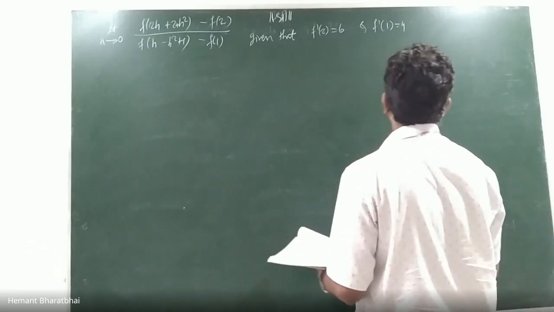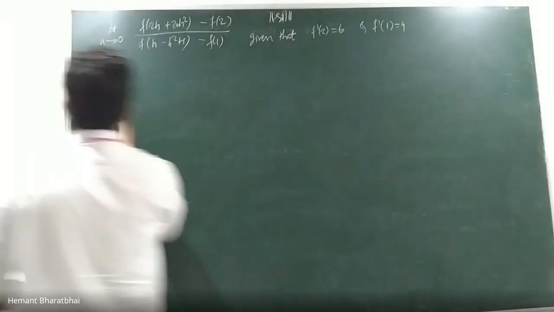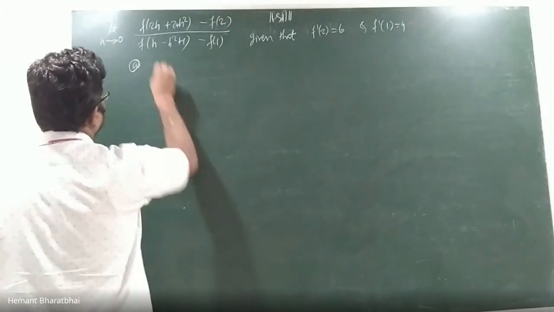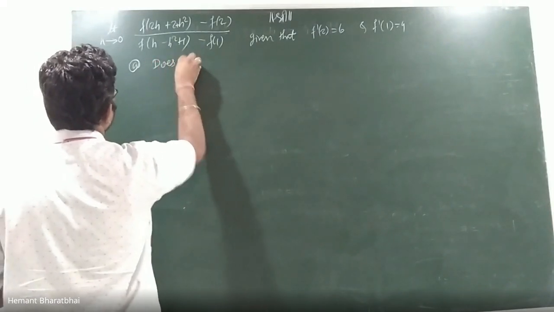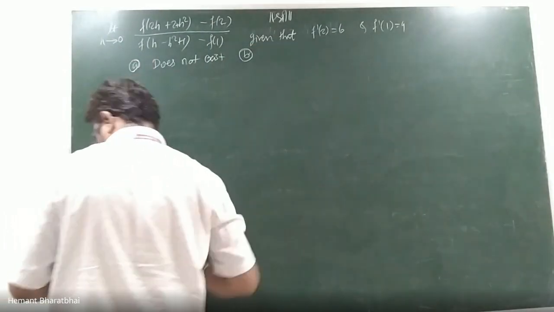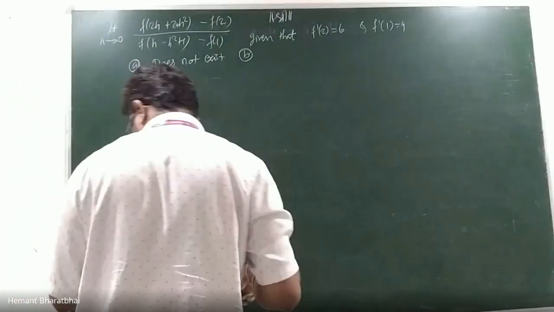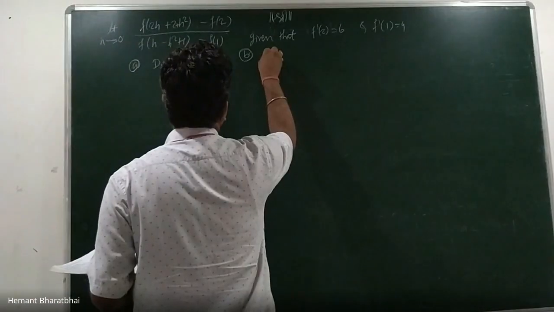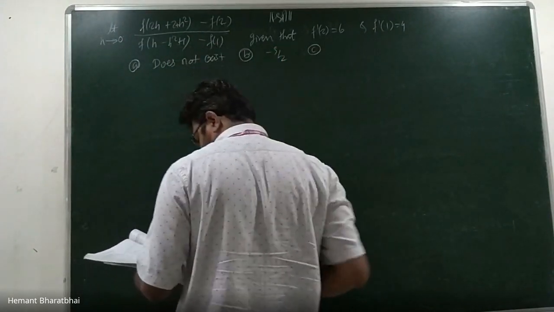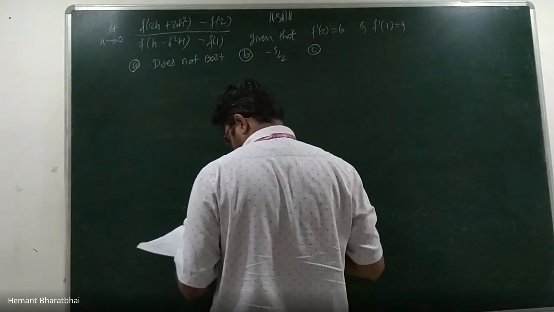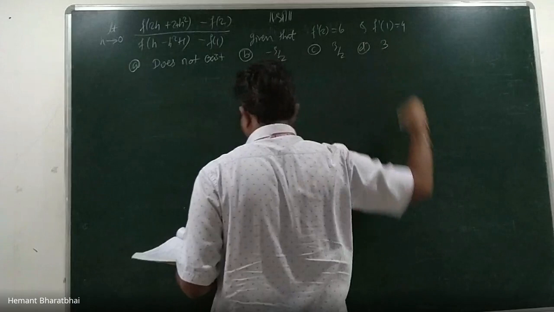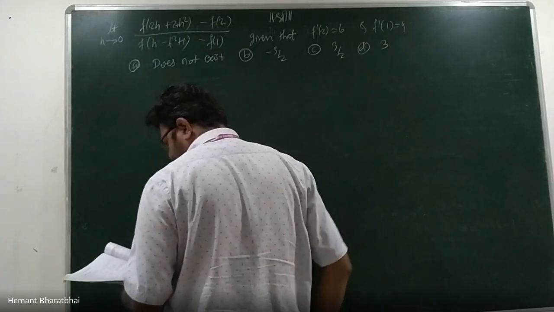Then the value of this limit is: option number A, does not exist. Option number B, equal to minus 3 by 2. Option number C, equal to 3 by 2. And option number D, equal to 3.